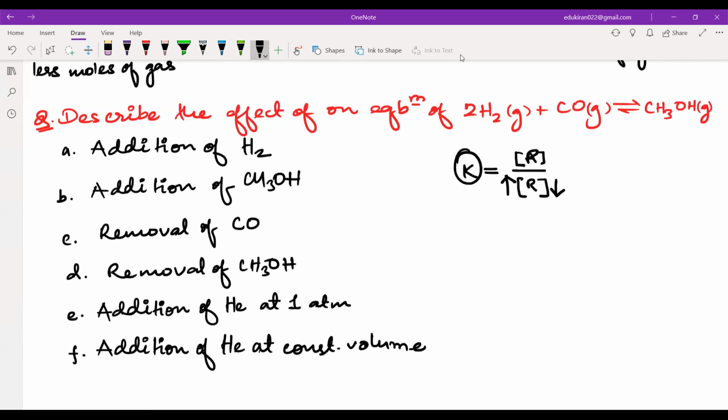So what will happen? It will move backward. If I'm removing product, that means I'm increasing the reactant. If I'm removing reactant, that means I'm increasing the product.